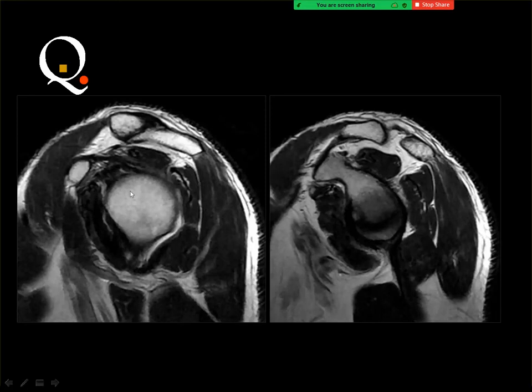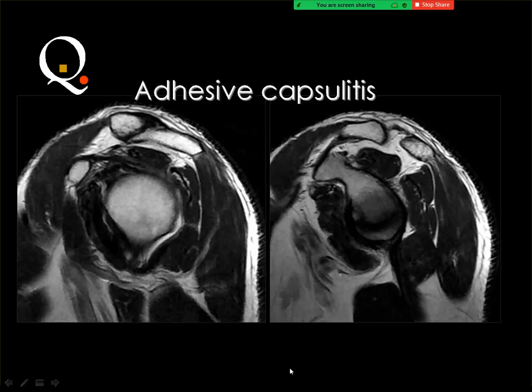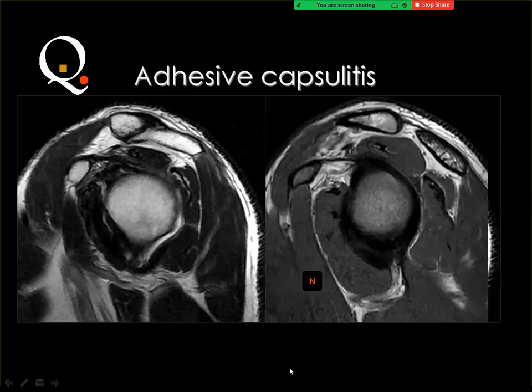Then the criteria of frozen shoulder or adhesive capsulitis is thickening of the coracohumeral ligament and the obliteration of the fat surrounding this ligament in the rotator interval. These are some of the supportive signs for adhesive capsulitis. This is the normal appearance.